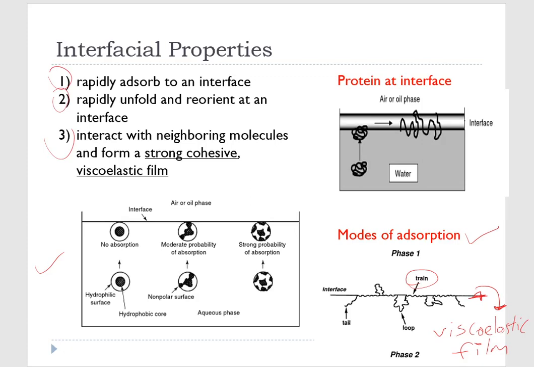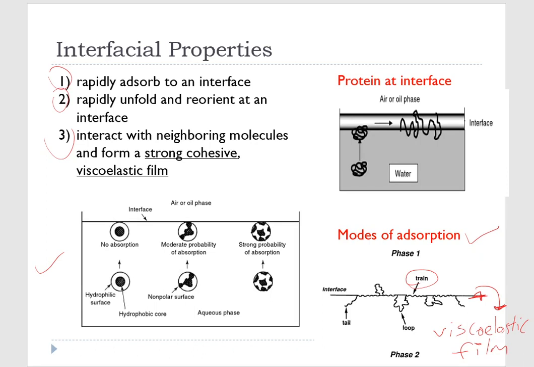So the first one is the ability to rapidly adsorb to an interface, and then the ability to rapidly unfold and reorient at an interface. And the third one is an ability, once at the interface, to interact with the neighboring molecules and form a strong cohesive viscoelastic film that can withstand thermal and mechanical motions.